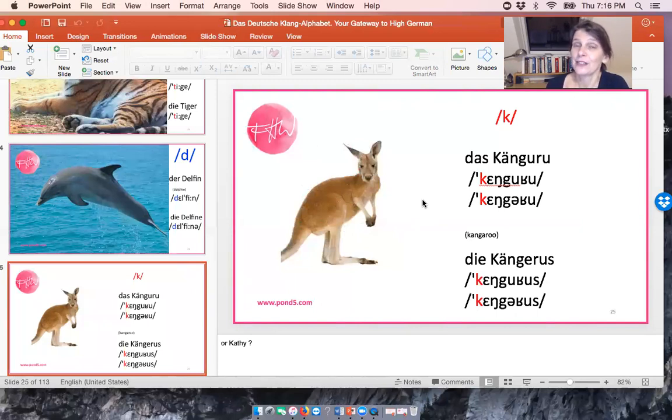Again, we have a similar word in German because both English and German got that word from Australia, but we have different stress patterns again. In English you stress the last part of the word. In German you stress the first part.